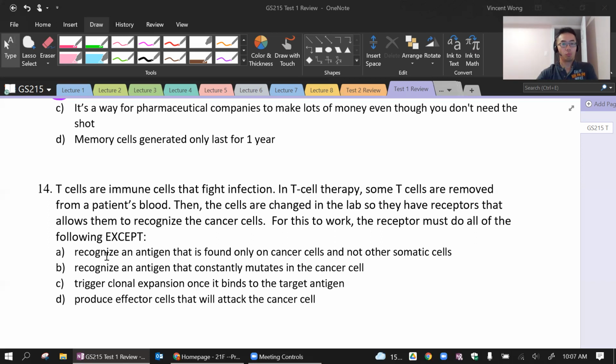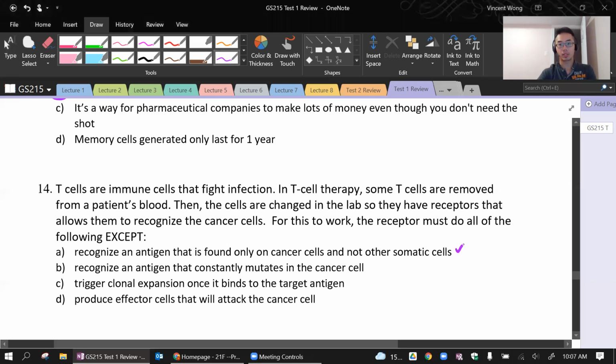So what must happen? Recognize an antigen that is found only on cancer cells and not other somatic cells. That is important because you want to attack specifically the cancer cells, but not the somatic cells, okay? Recognizes an antigen that constantly mutates in the cancer. That would be ideal, but it's not possible because, remember, the naive T cells only have one receptor.